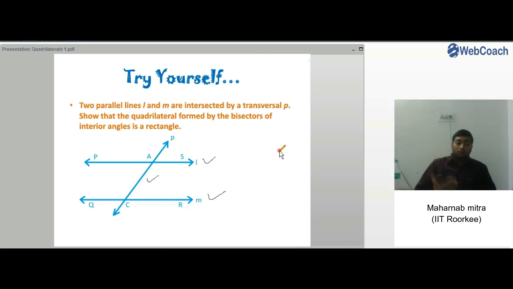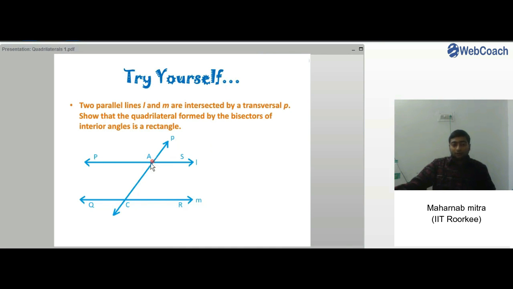Right? We have to show that the quadrilateral formed by the angle bisectors of the interior angles of this figure is a rectangle. Or let me give you the diagram itself.